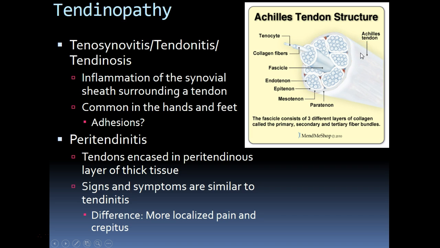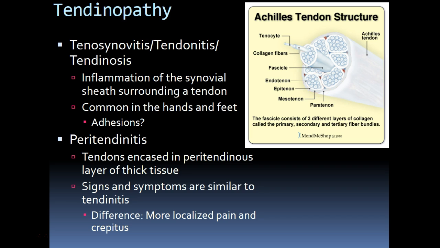In other words, it is inflammation of the structures encased within the tendon's outer layering. The tendon is surrounded by highly vascular peritoneum, and that is susceptible to inflammation. And if that becomes inflamed, then we can say that's probably a part of the tendinitis as well.